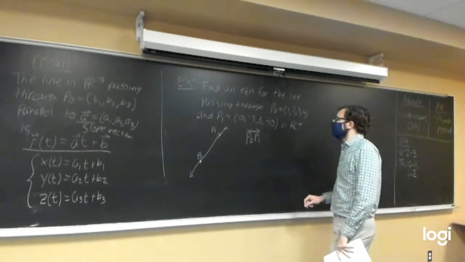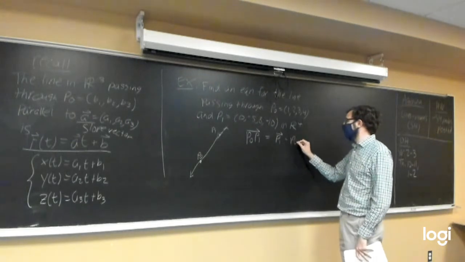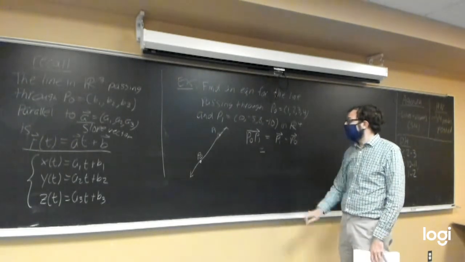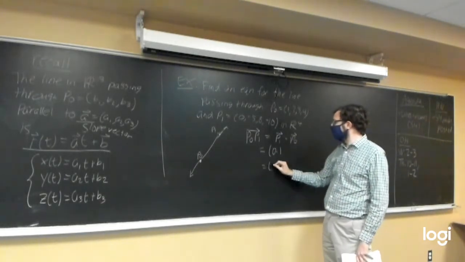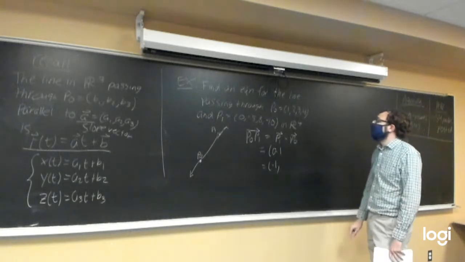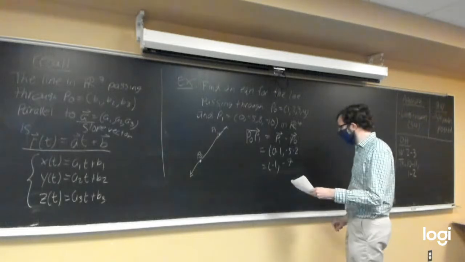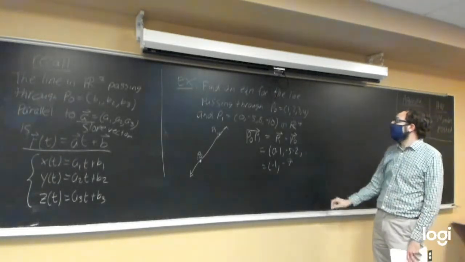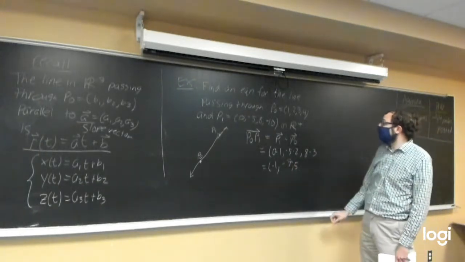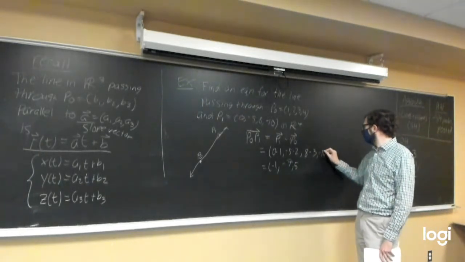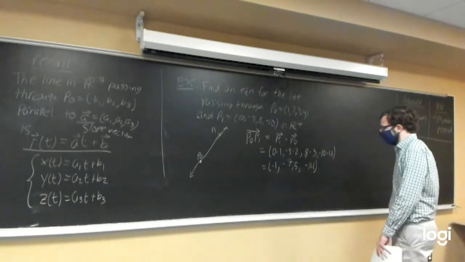If we want our displacement vector from P naught to P1, that means we need to take our vector for P1 minus our vector for P naught. If we do that, we'll get 0 minus 1 is -1, -5 minus 2, which is -7, 8 minus 3, which is 5, and -10 minus 4, which is going to give us -14.